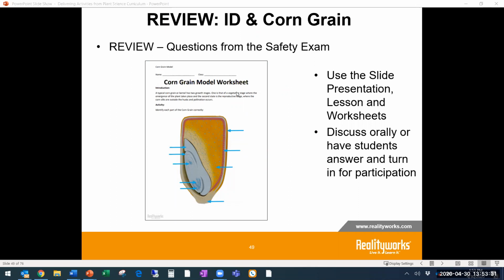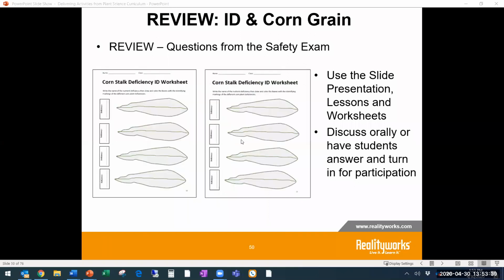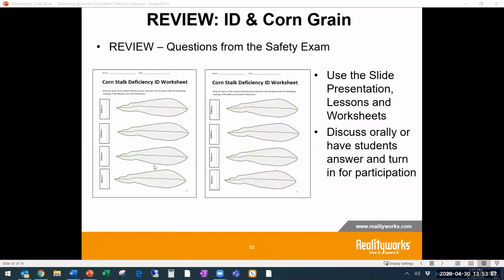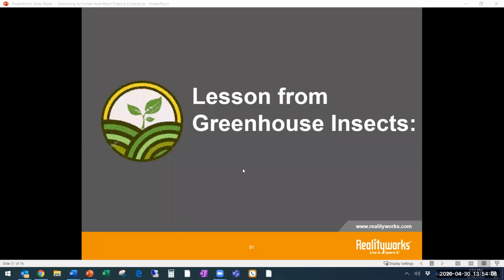In the worksheet, it allows you to go through and identify the different parts of the corn grain, allowing you to really understand what those different things are. We also have these great worksheets that show different leaves, and then the student can actually color and draw in the deficiency. So they can look at it, see what the different deficiency is, and have to draw it out, visually sharing and showing that, allowing your students to get that hands-on activity as well.